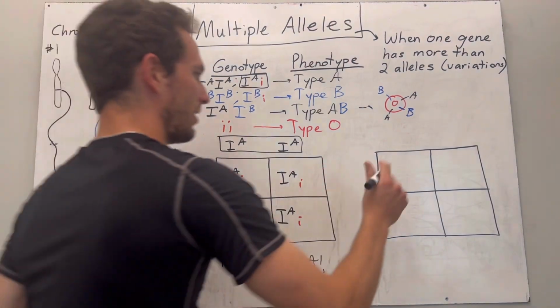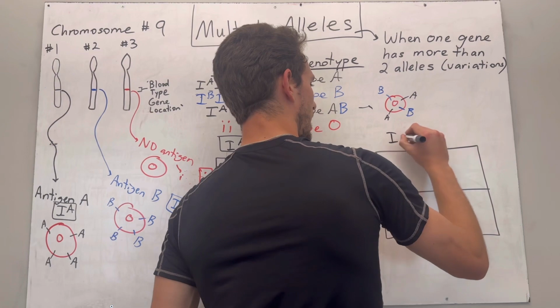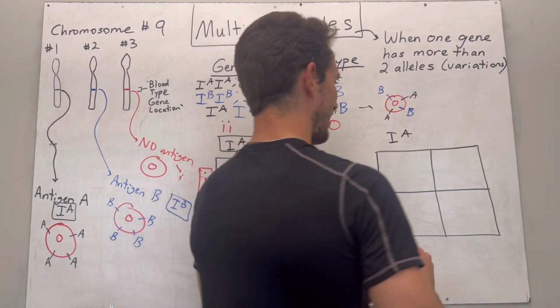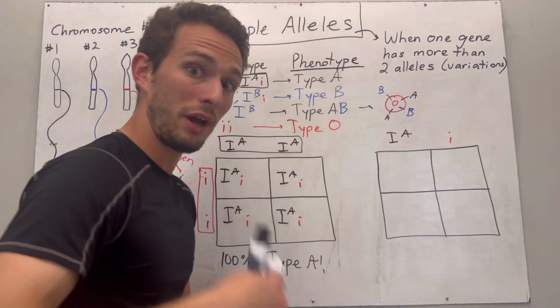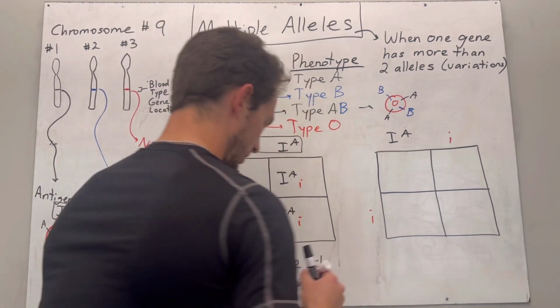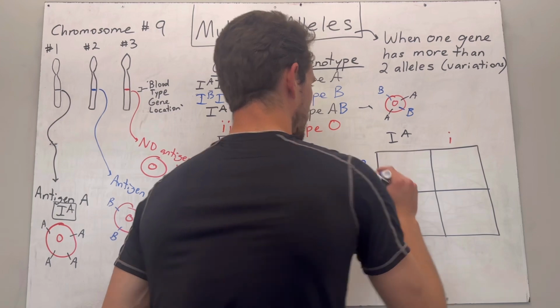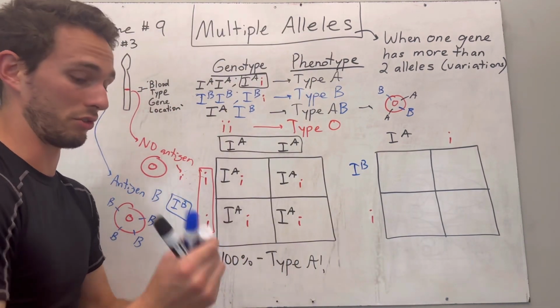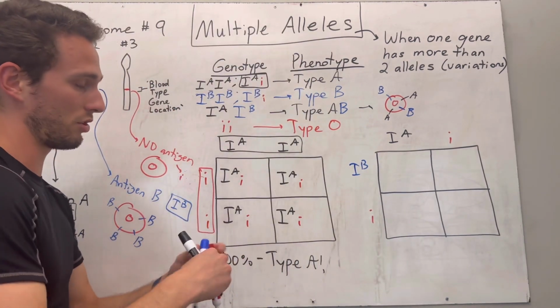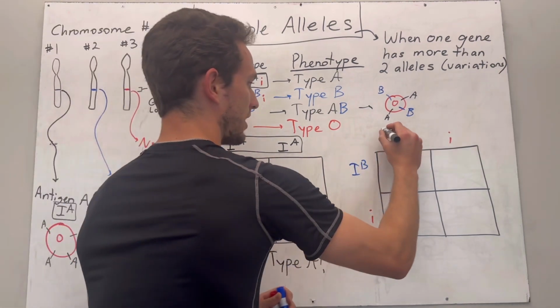Awesome. Now let's do a cool example. All right, let's say you have a parent that is big I, big A, and little i. Then you have another parent that is little i and big I, big B. Well, now let's do this really cool cross. So I'm basically saying your mom, for example, is still type A, right?